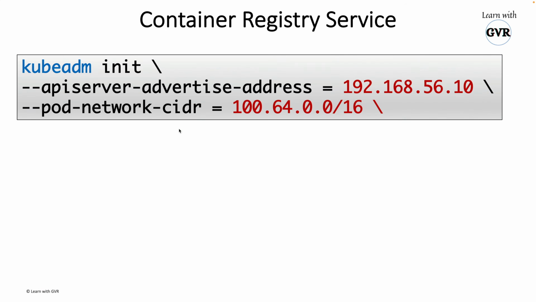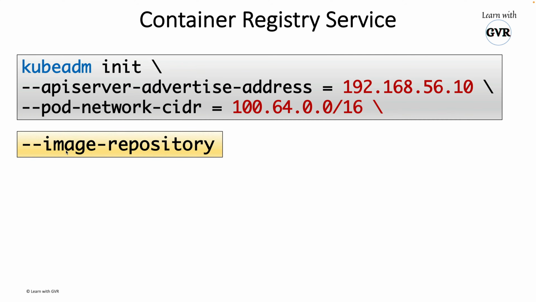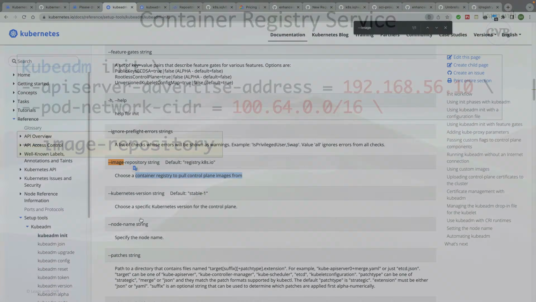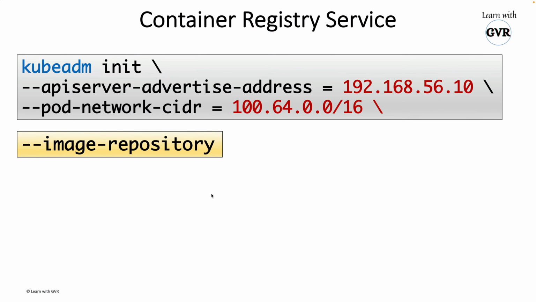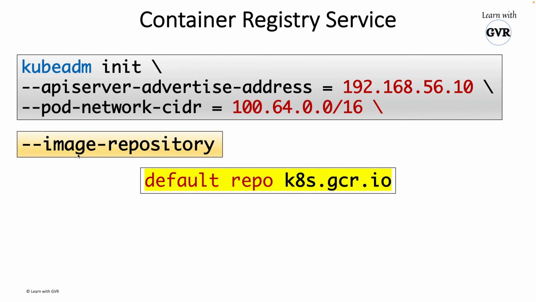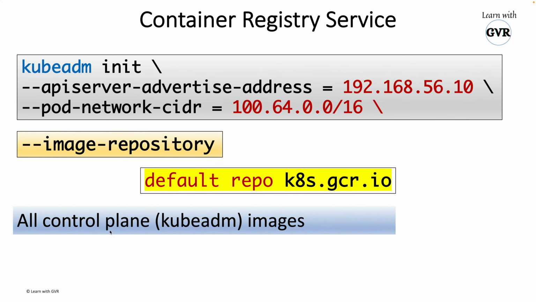So the image repository is the key here, whatever value is set by the Kubernetes team. It is nothing but the default repo. The default repo was this one in 1.24, and 1.25 has a new repo. This applies to all control plane images provisioned by using kubeadm only.